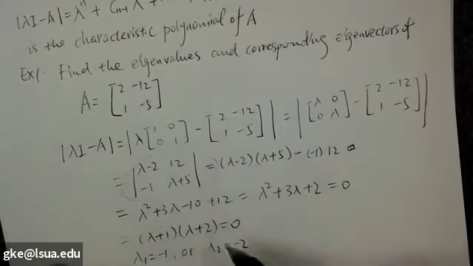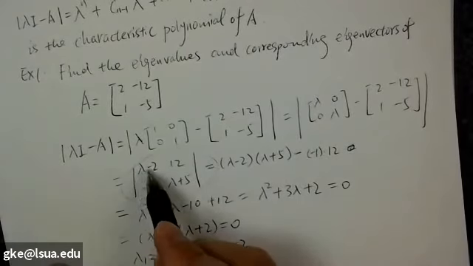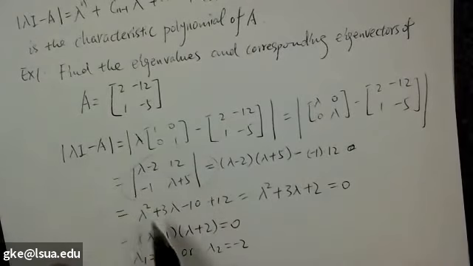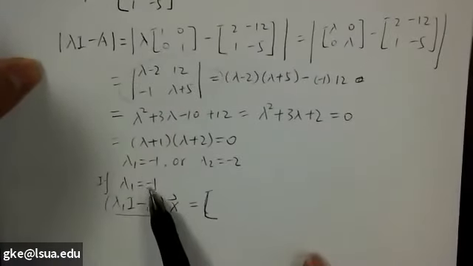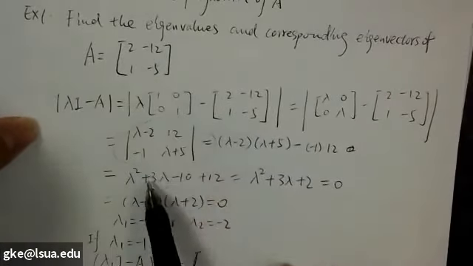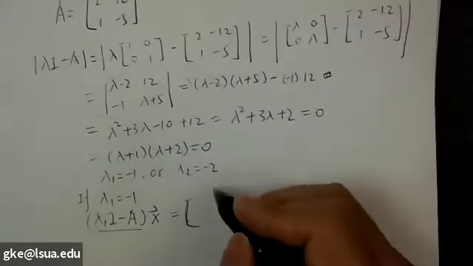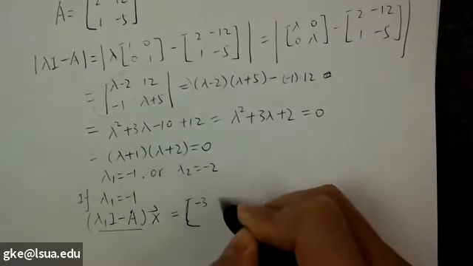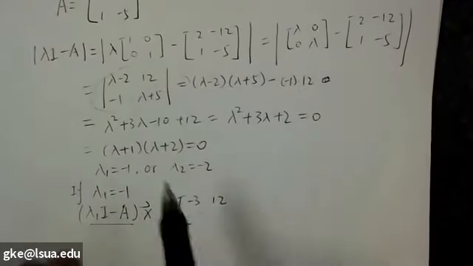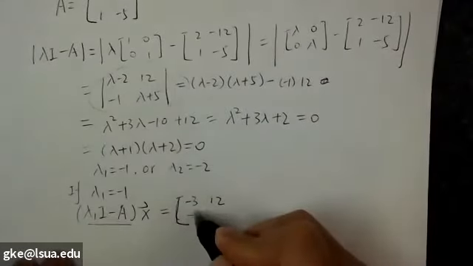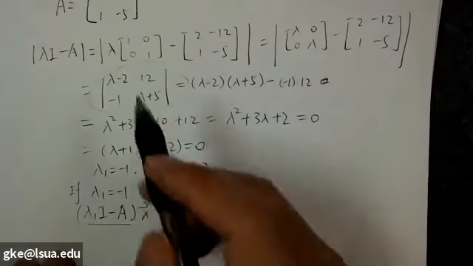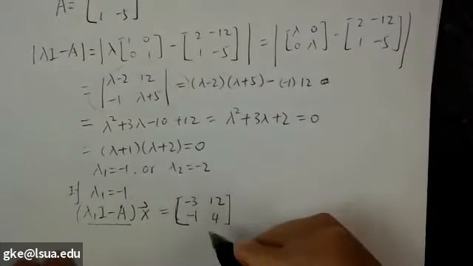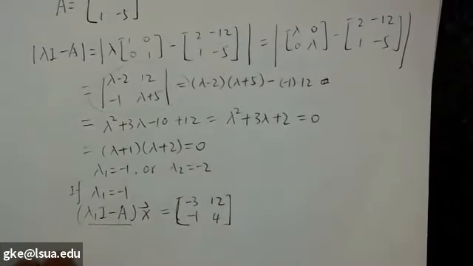Lambda 1 is -1, so you just plug in -1 here. You get the matrix [-3, 12; -1, 4].